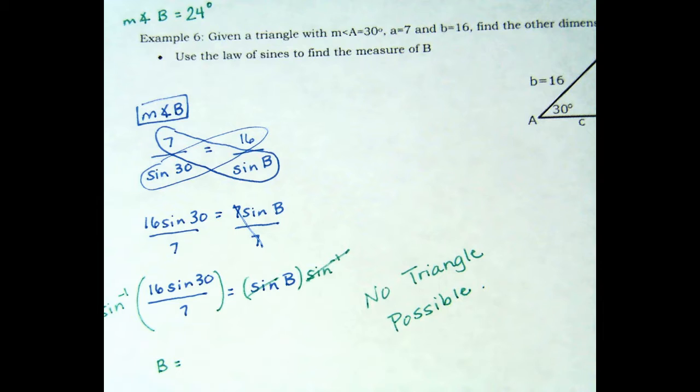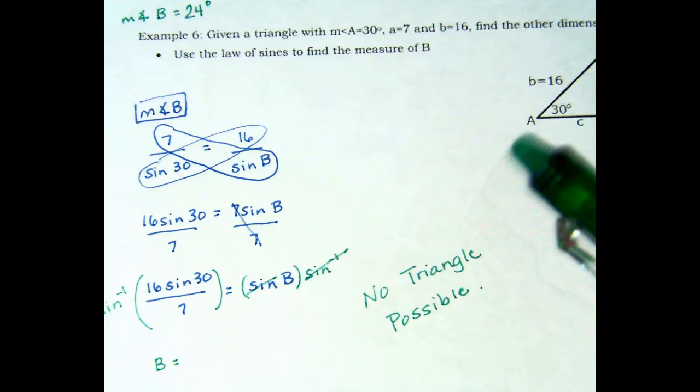So example 5 is where you have 1 triangle. Example 6 is where you have none. If you had to guess, what's example 7? We're going to have 2. We're always going to start these by finding a missing angle.